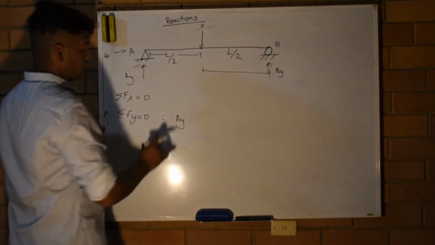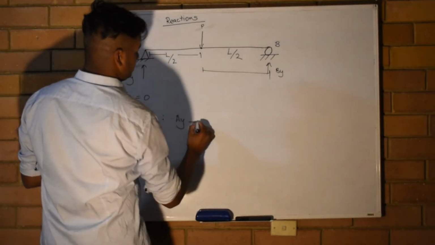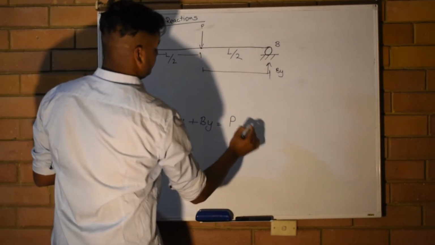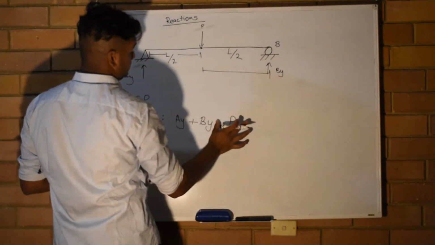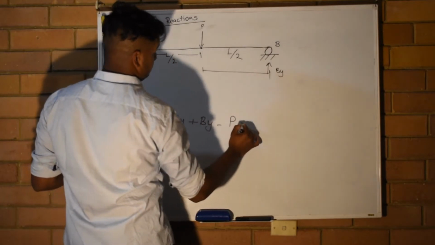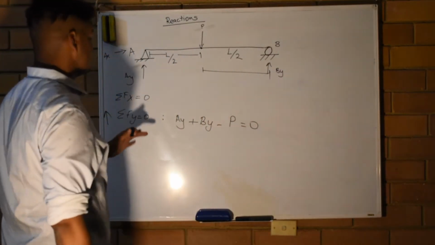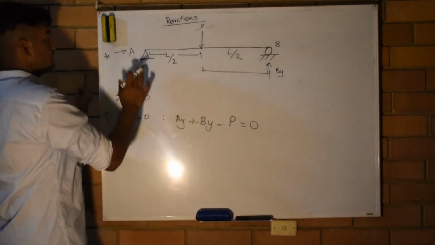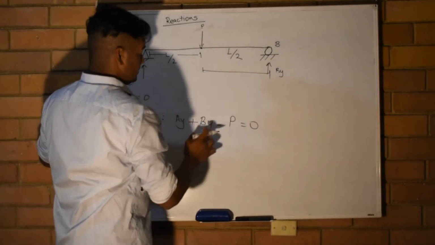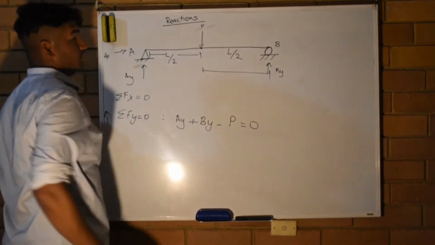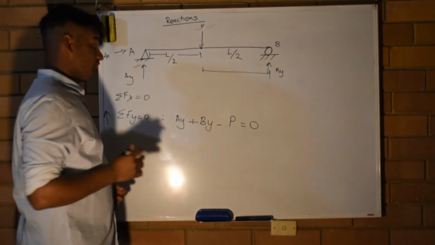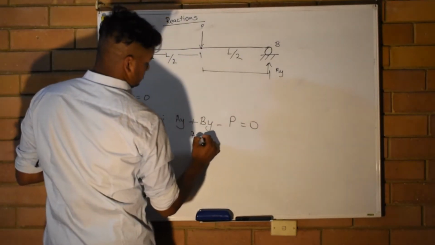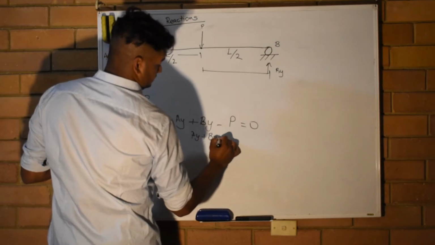So AY plus my BY minus P equals 0, because my direction is upwards, so forces going upwards are my positive ones, and this one is coming down, so it's going to be a minus. Now I can rearrange this: AY plus BY equals P.